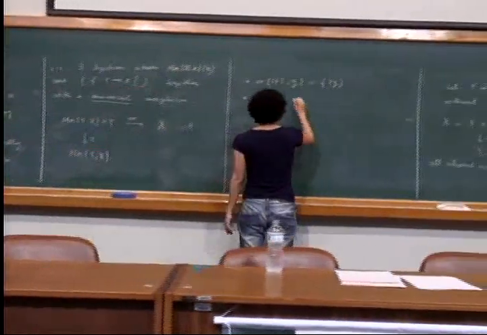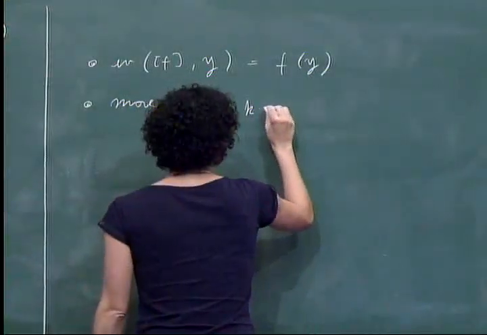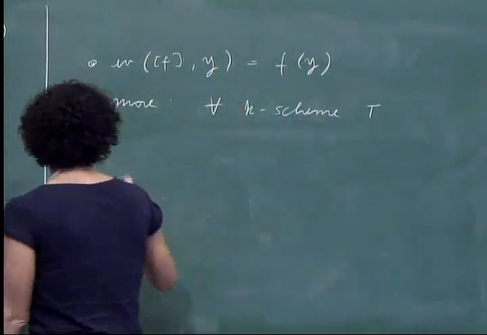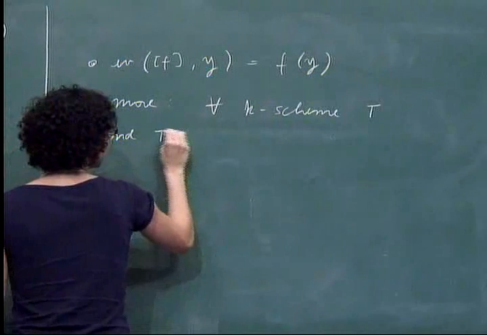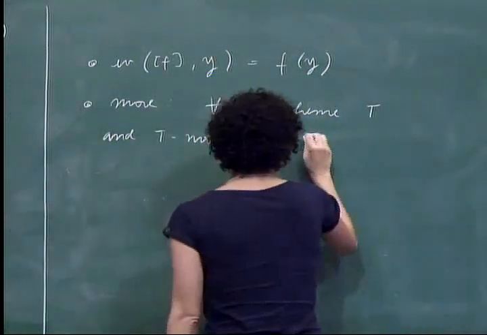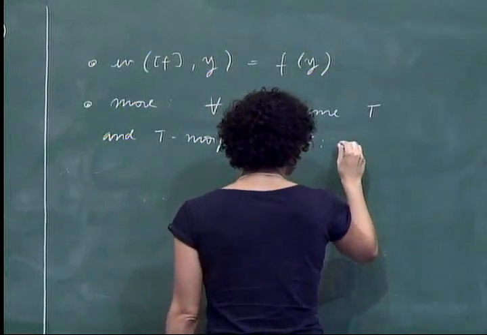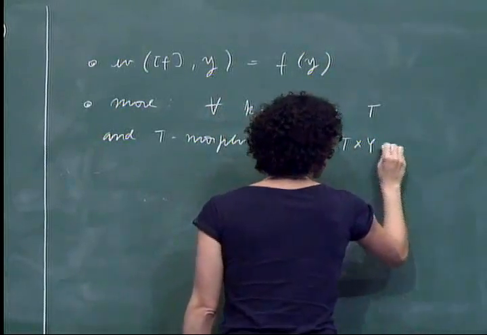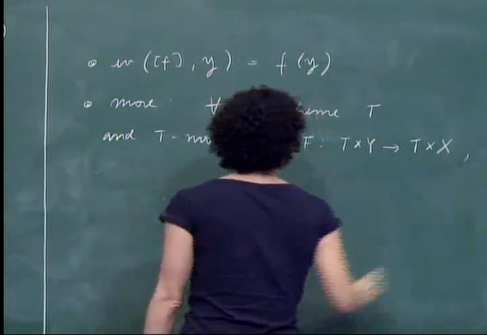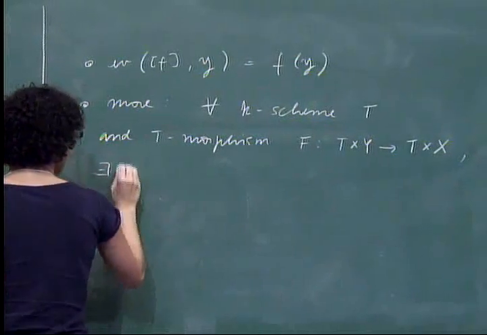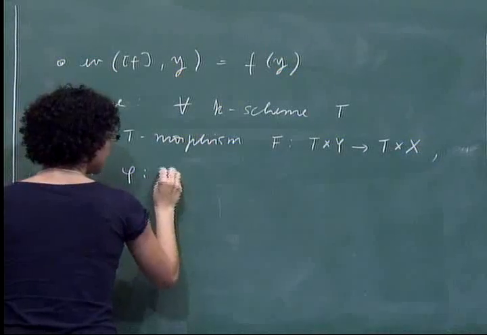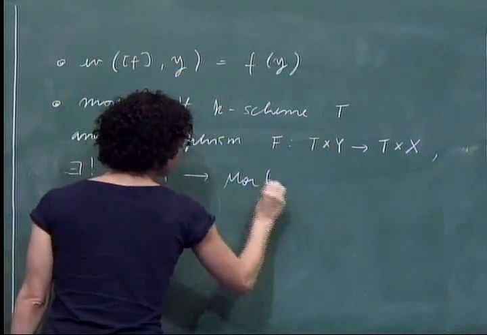So for any K-scheme T and T-morphism, say F from T cross Y to T cross X, there exists a unique morphism phi from T to the space of morphisms.